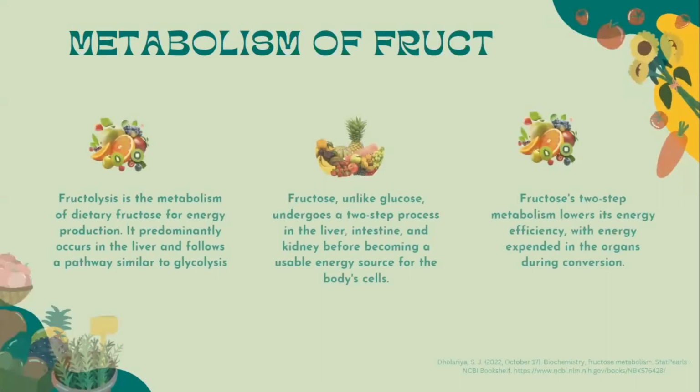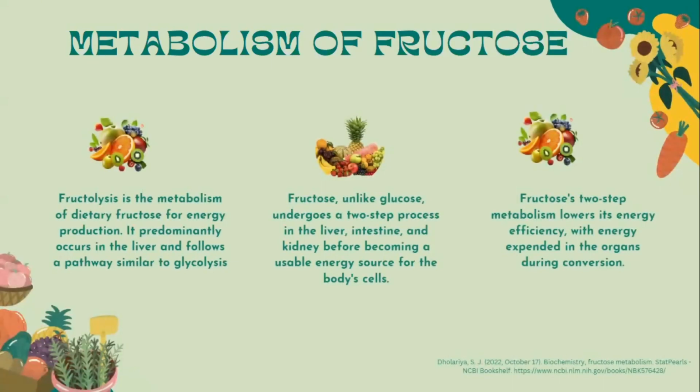Fructose metabolism, energy production, and physiological functions. The metabolism of fructose. Fructolysis is the metabolism of dietary fructose for energy production. It predominantly occurs in the liver and follows a pathway similar to glycolysis.